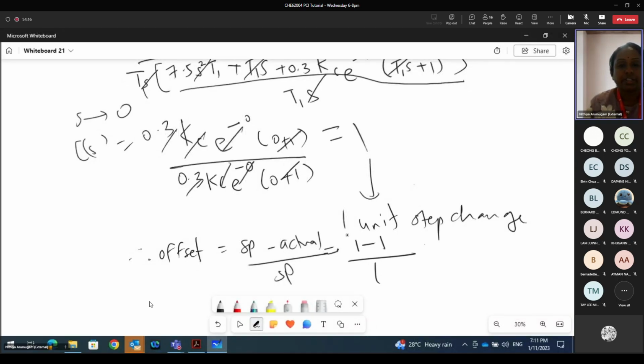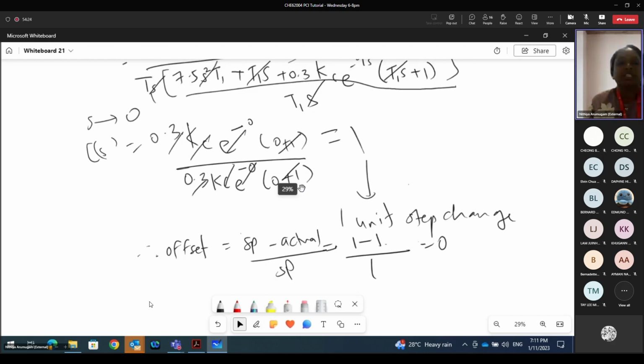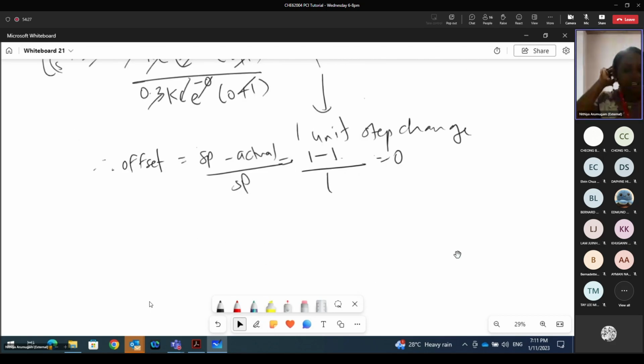So when the set point is 1 and the actual is 1, over 1, we'll be getting 0. Okay, so basically the function of a PI controller is to eliminate the offset. The offset will be 0. So that's why they prefer a PI controller over the P control system, in which the outcome of the process or the system will reach the set point that was fixed earlier. All right, so that is part 2.